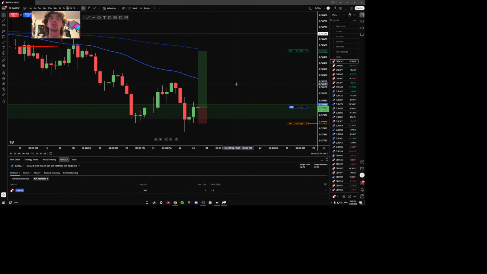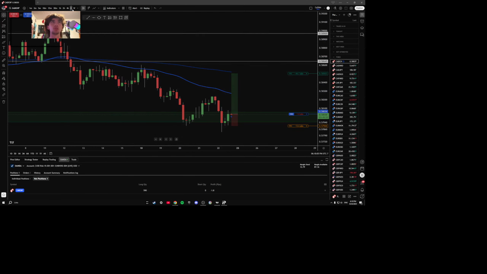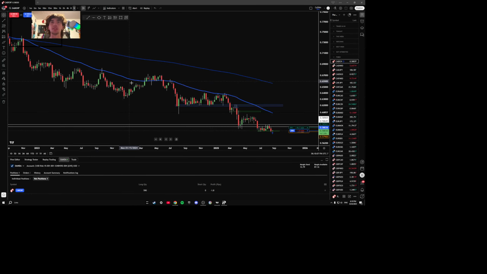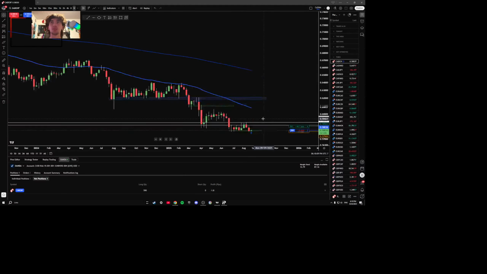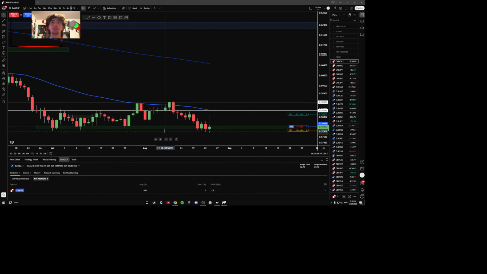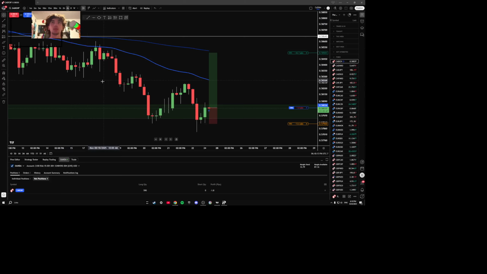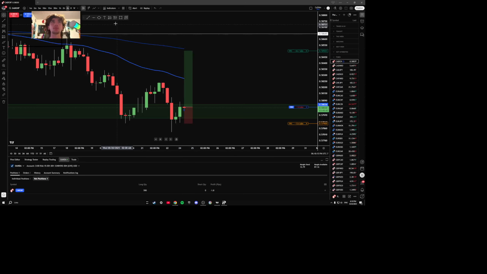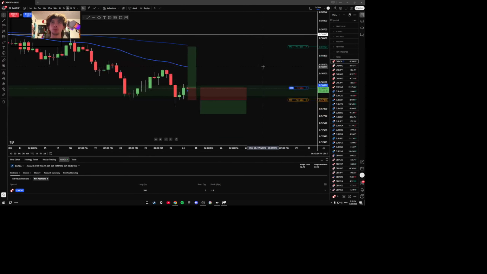Alright, if you guys want to take this trade, take it with me. This seems like a good counter trend trade. I mean, it's at a bottom. It's gonna need to reject. So let me show you guys what I might do. What I like to do is if it hits stop loss immediately, I like to set a limit order for a 1 to 2.